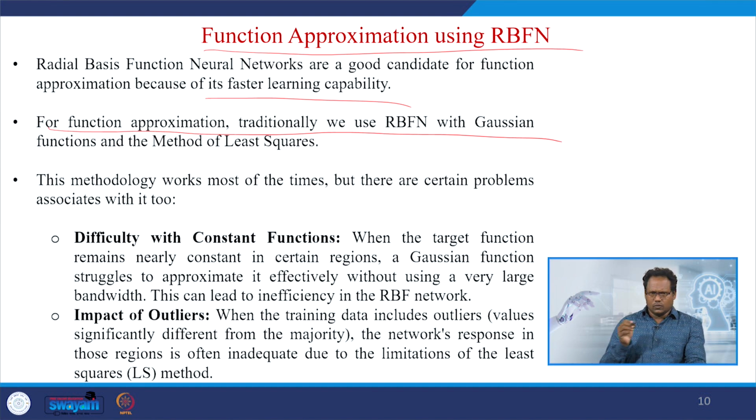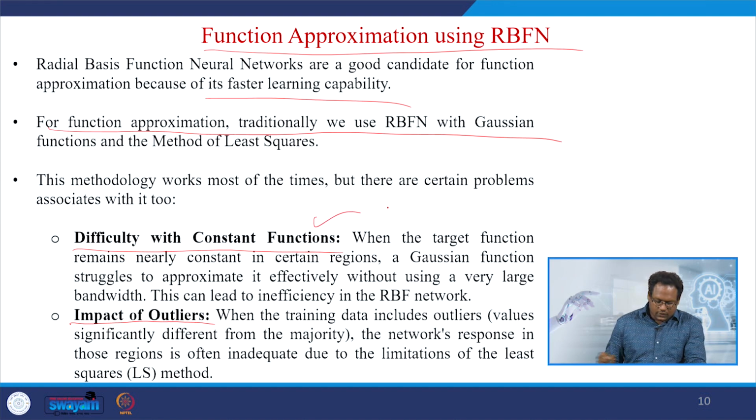This methodology works most of the time, but there are certain bottlenecks associated with using Gaussian functions directly as the activation functions. That include difficulty with constant functions and the impact of outliers. These are the two bottlenecks associated with RBFN using a Gaussian function as its activation function.